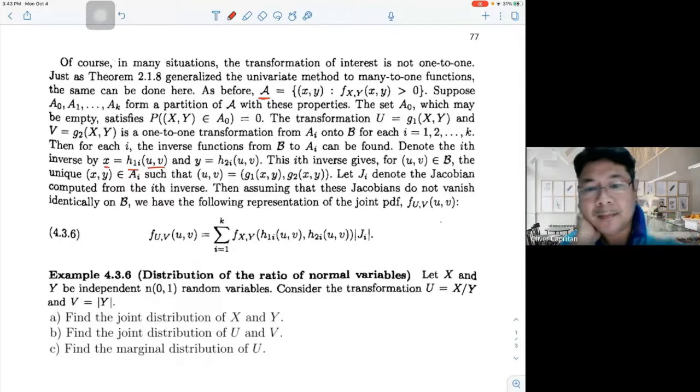So this is now the formula if we have a transformation that is not one-to-one.